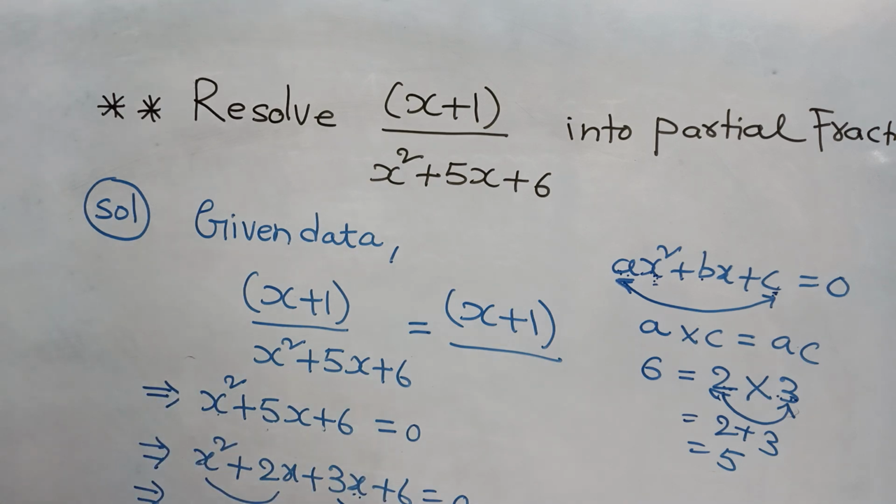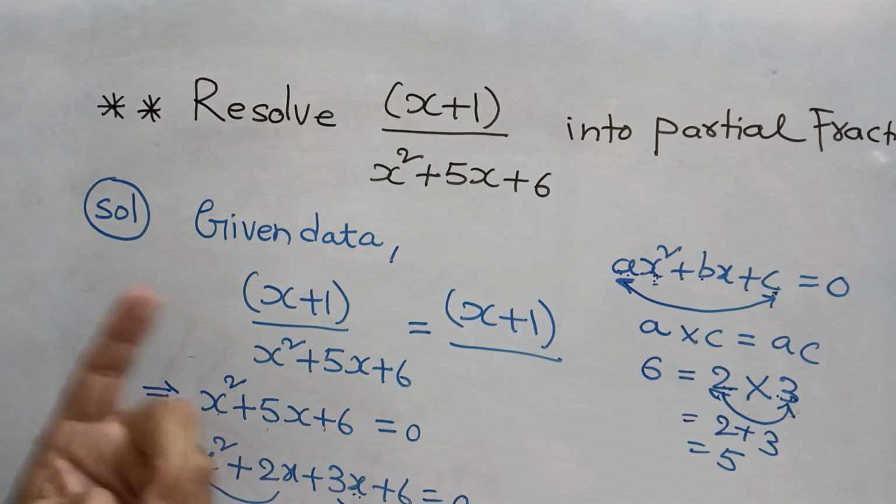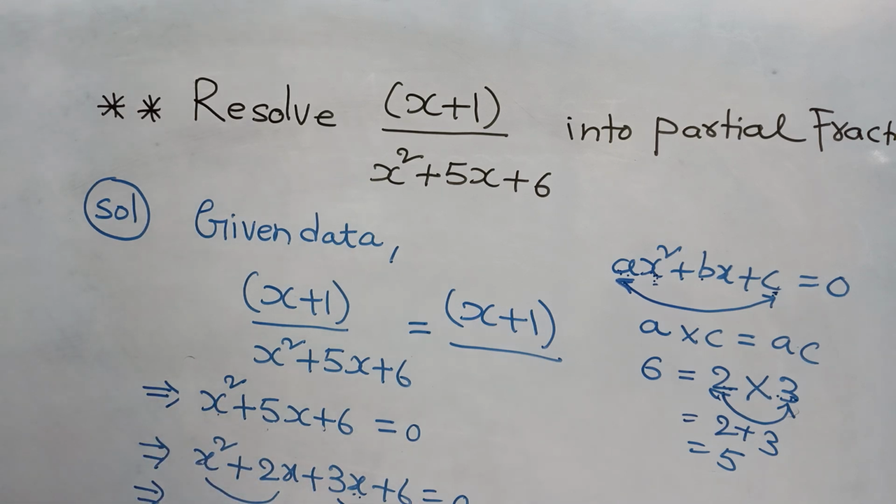So from this expression, if you see here, in the bracket you will get the same value, x plus 2 as well as x plus 2. Therefore, if you get the same value, consider x plus 2 as a root. Similarly, x plus 3 is the another root.